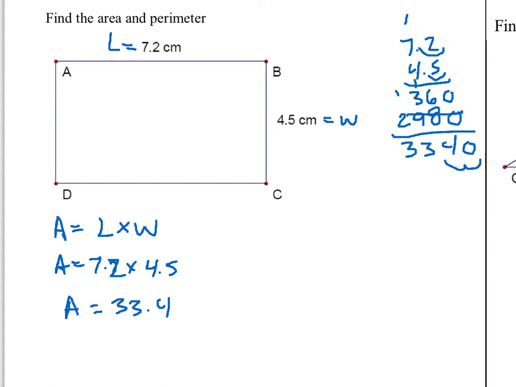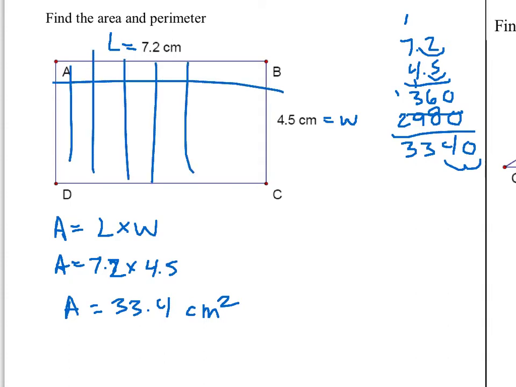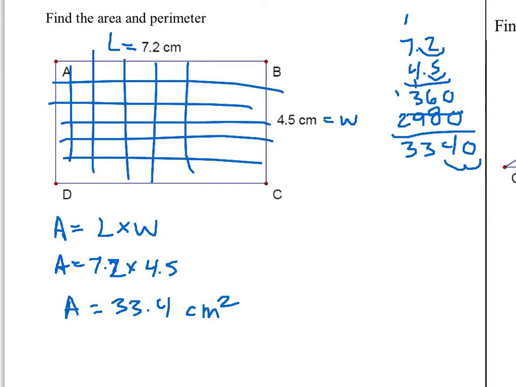Kenneth? It's always square units. So here we're talking about centimeters, so we want centimeters squared. Because remember when we're talking about area, we're talking about, well, how many little centimeter squares can I fit inside that particular shape? Okay?